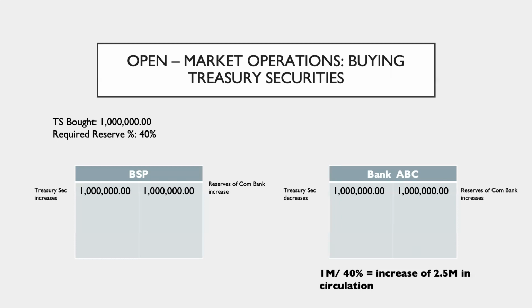As you can see here, the required reserve ratio is 40%. If the 1 million that is in reserve currently represents 40% of the entire amount that is supposed to be in circulation, how much is that amount? 1 million divided by 40% is 2.5 million pesos.